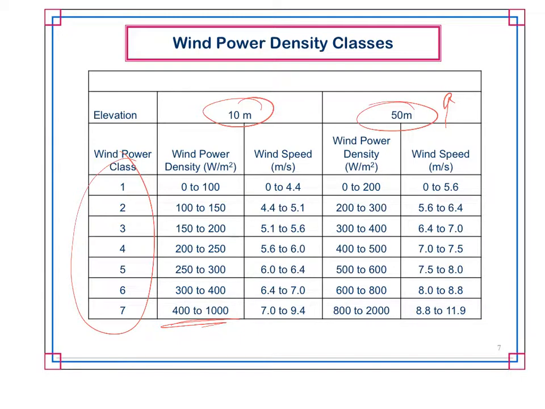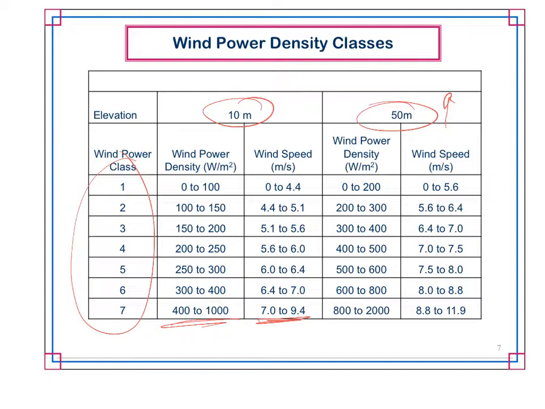So if the wind is blowing at between 7 and 9.4 meters per second, then you're going to have anywhere from 400 to 1,000 watts per square meter, okay? Which, if you think about 7 to 9.4, 10 meters per second wind is 33, 34 mile an hour winds. That's clipping along pretty good. So you can feel, there's a fair amount of power in the wind at those speeds.